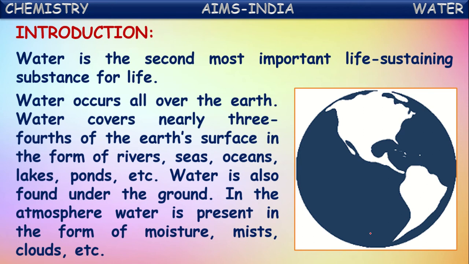So water is found not only under the ground and on the surface of the earth, this water is also available in the atmosphere. In the atmosphere, water is present in the form of moisture, mist, clouds, etc. So we can say this water is occurring all over the earth.